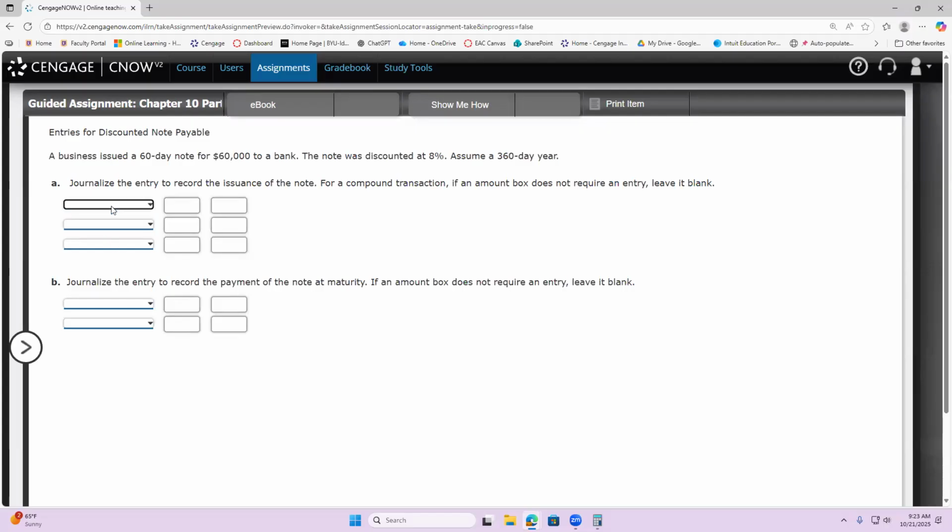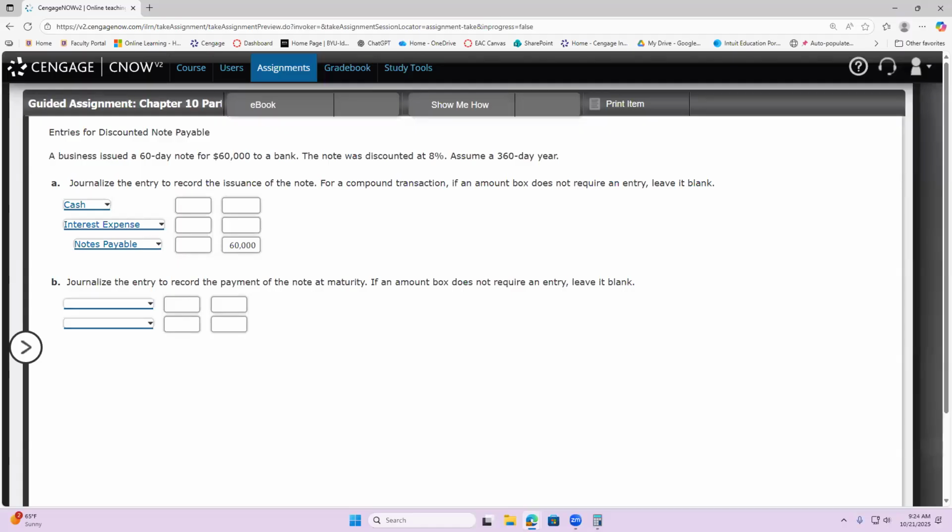So what we're going to do is list the cash, the interest expense, and the notes payable up front. The best way to do this in my mind is I know the notes payable is $60,000, but I don't know how much interest expense or cash there'll be. So I have to calculate that.